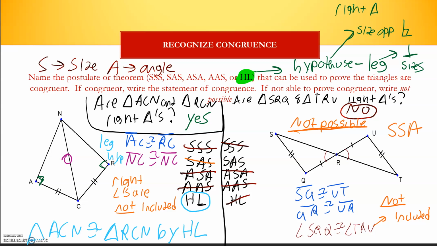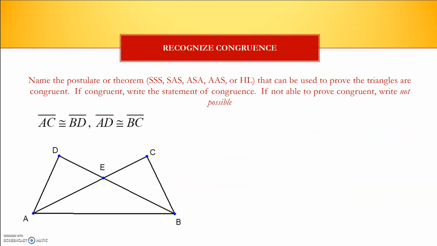All right, let's take a quick look at some practice. So we have this problem. Write a congruent statement if they are equal. If not, then say not possible.